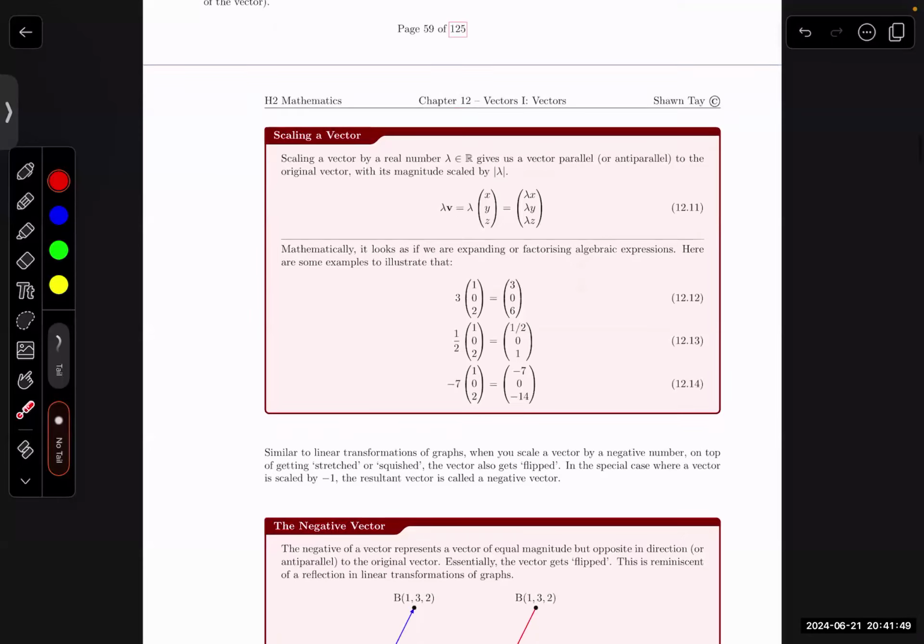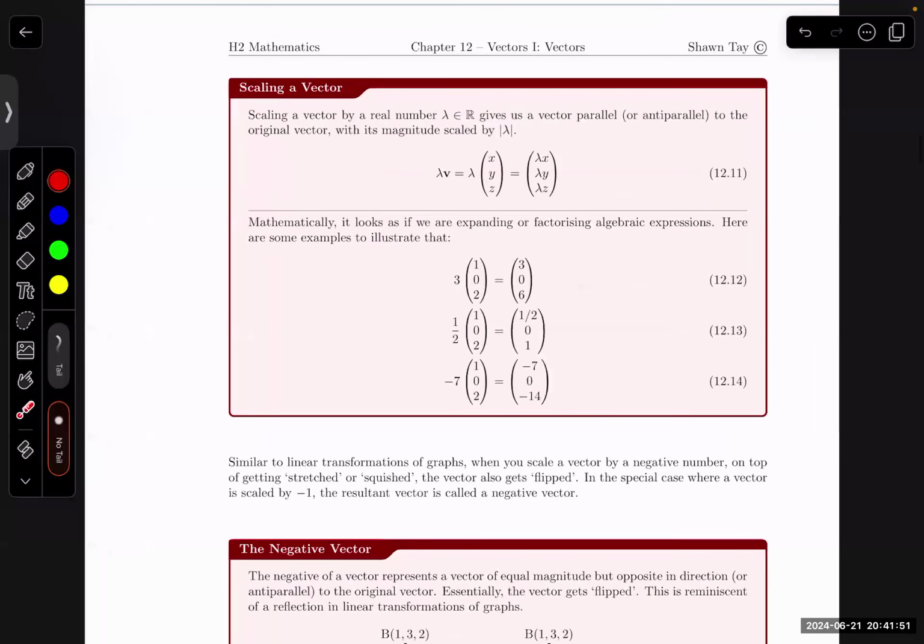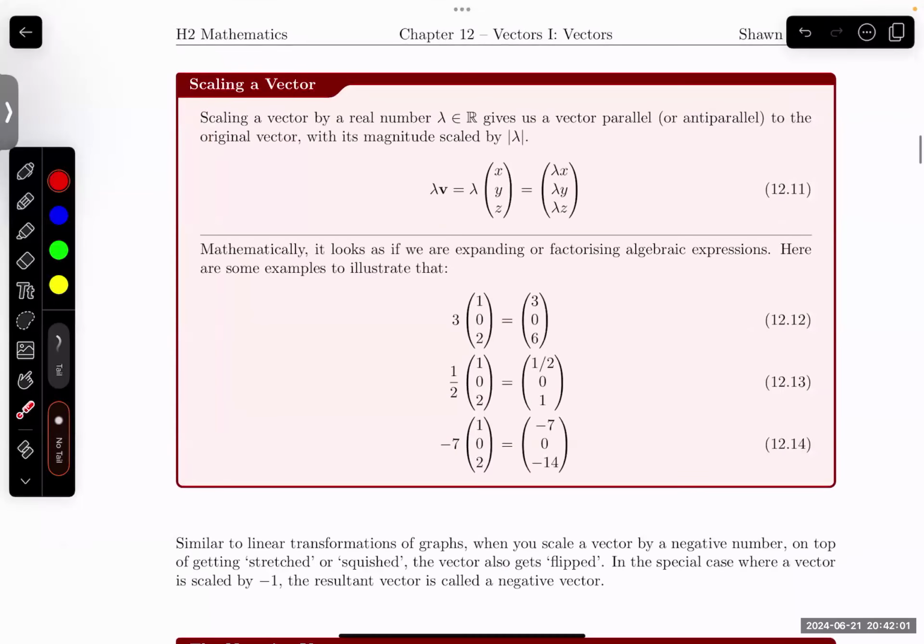Okay, so again, a few examples to illustrate how to deal with these numbers. Scaling a vector is simply, for example, if I want to multiply a vector by a certain number lambda, I just multiply component-wise. So every component just gets multiplied by lambda, and that's it.